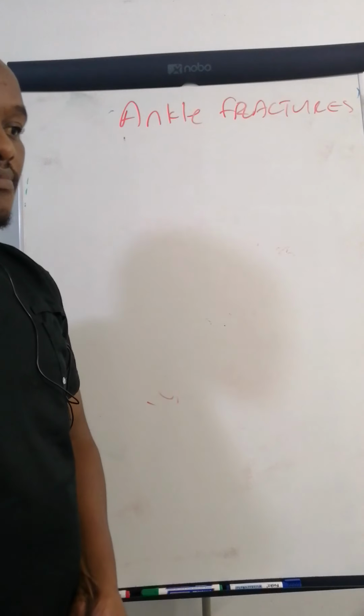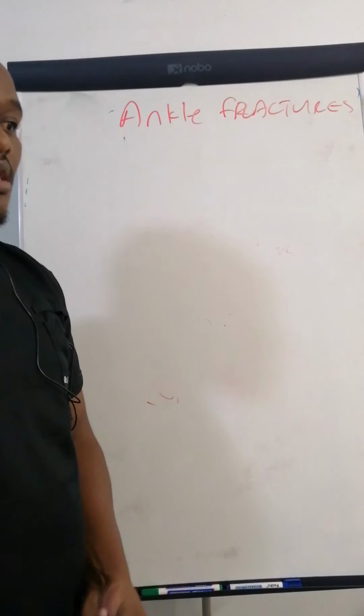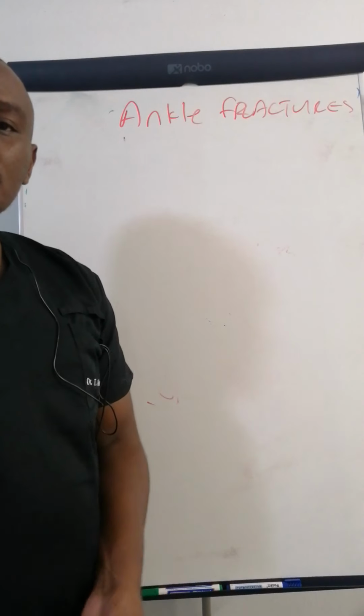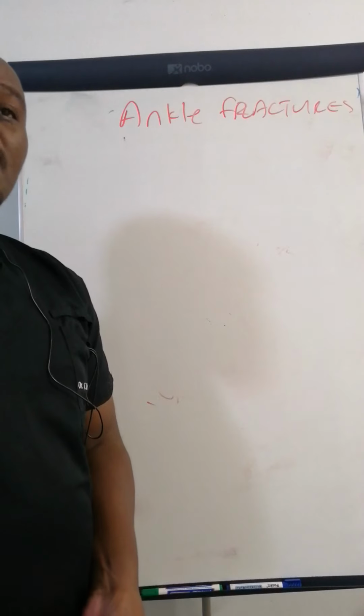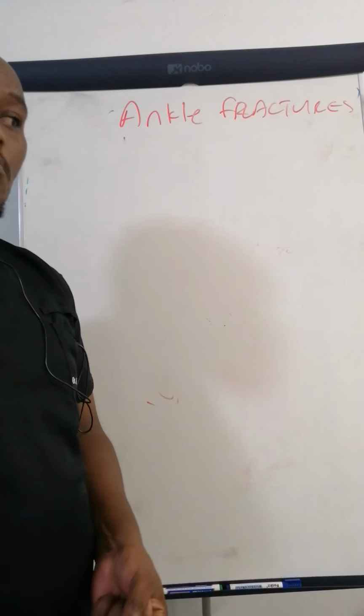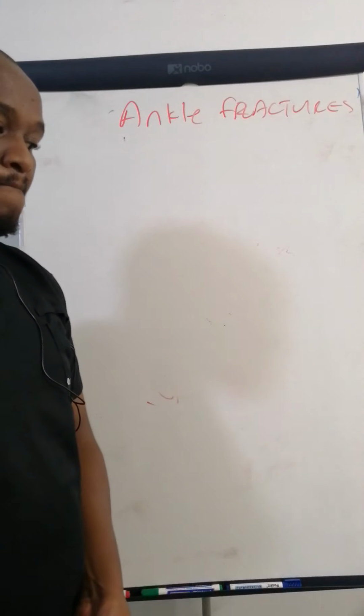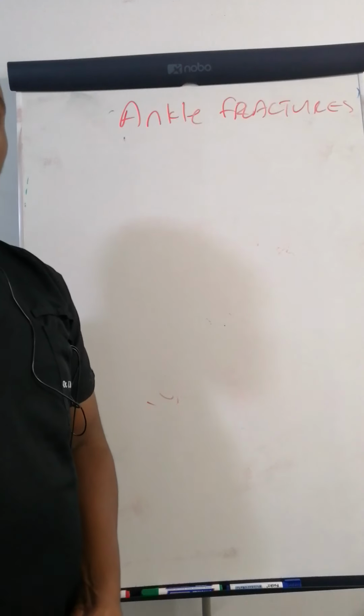When it comes to neurology, if you say neurologically the patient was fine, you need to say which nerve did you examine. And you must comment about the motor and the sensory aspect.